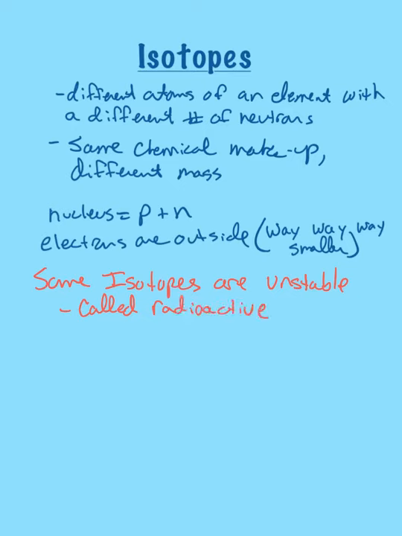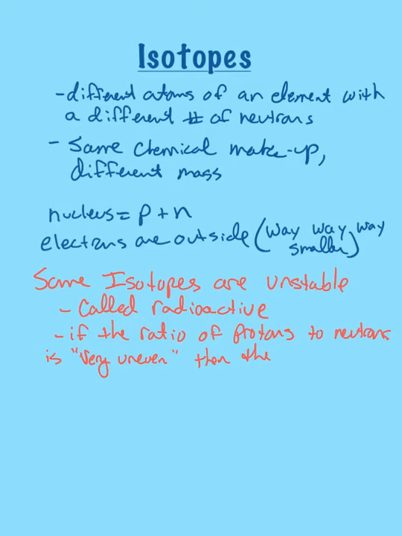So basically, if the ratio of protons to neutrons is, I'm going to say, very uneven in quotes, then the isotope is unstable.